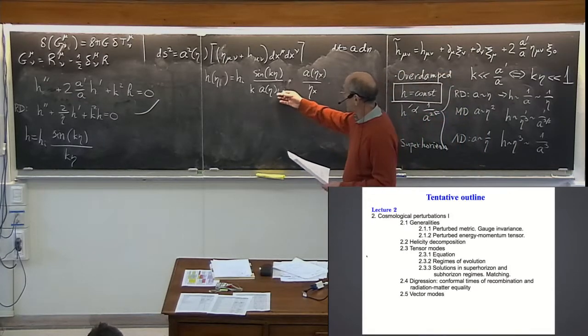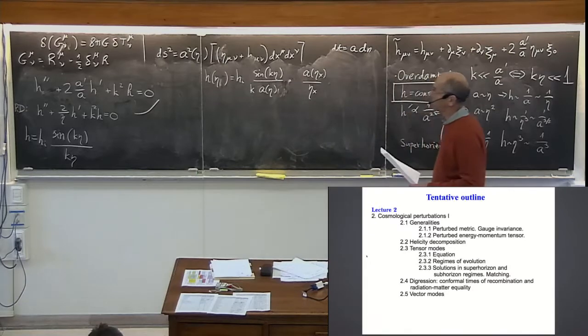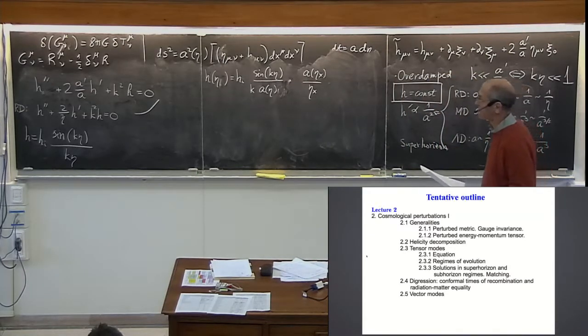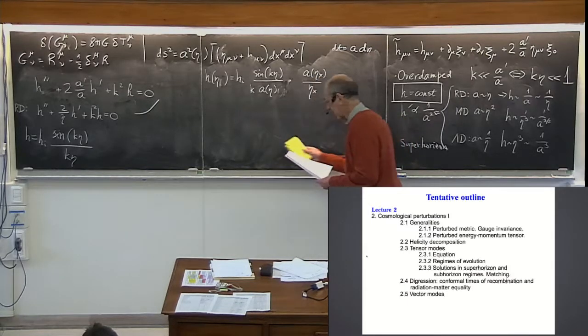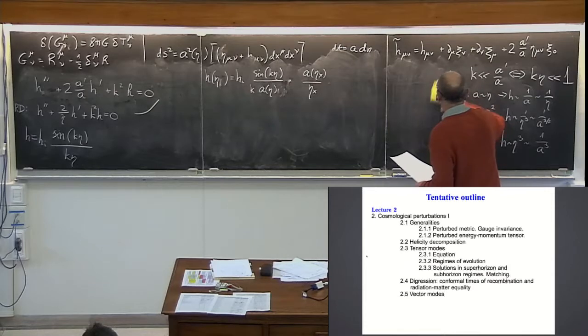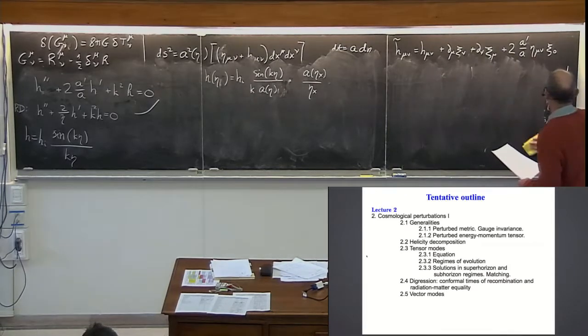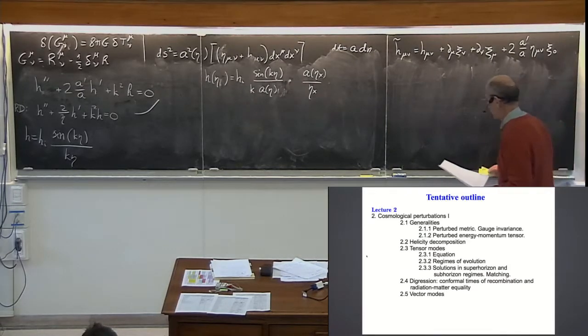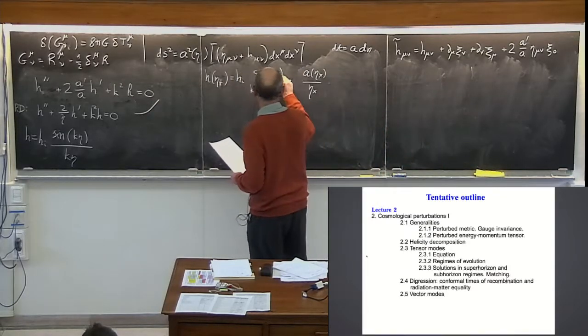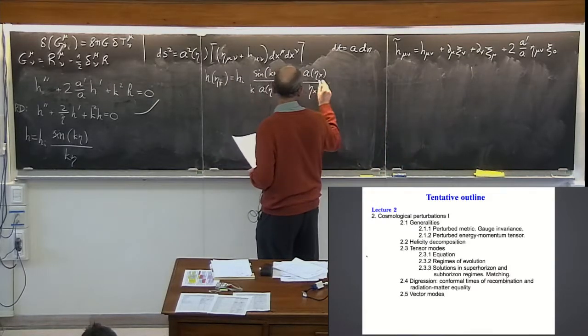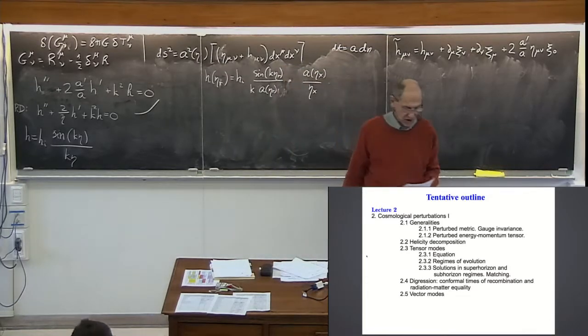But then later on it goes like 1 over A. So we have a nice picture at recombination, right? This amplitude at recombination is here. This is recombination time, the time of photon last scattering.